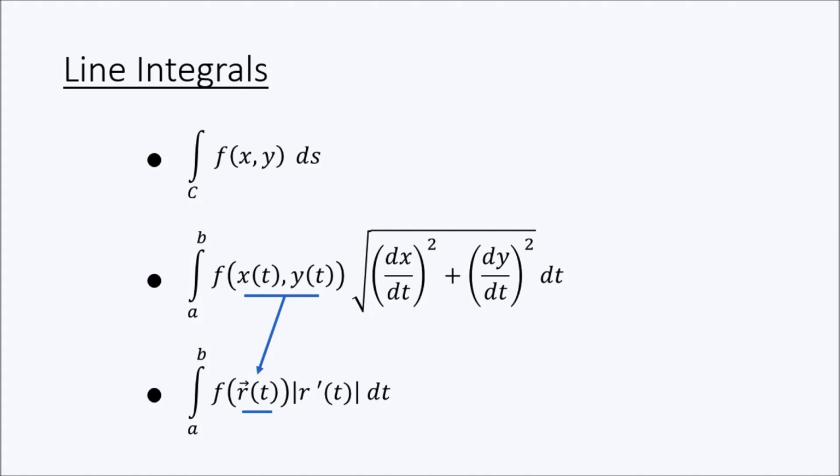It's those components. So we're really evaluating my function f along that vector function. And then, by definition, that whole square root part is just the magnitude of r prime of t dt. All right, so let's take a look at an example where we're going to parameterize in this exact same way.